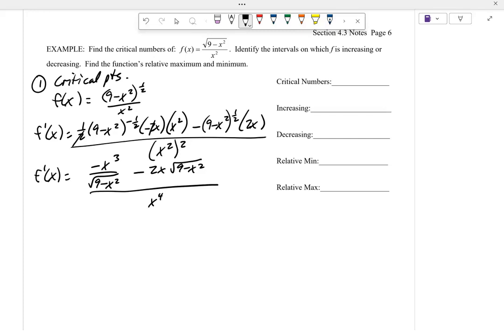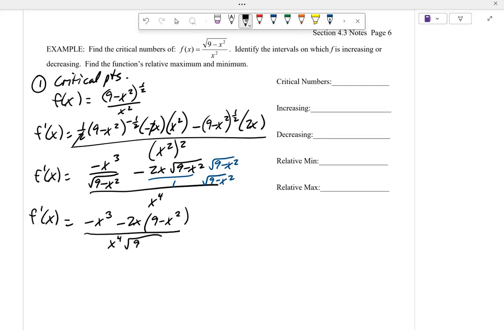So this is over 1. Let's get a common denominator. Let's give this the square root of 9 minus x squared on this. And so our derivative will end up being negative x cubed minus 2x times just a regular old 9 minus x squared, since we had two radicals being multiplied, all over x to the 4th square root of 9 minus x squared.